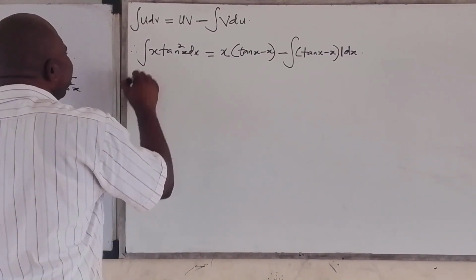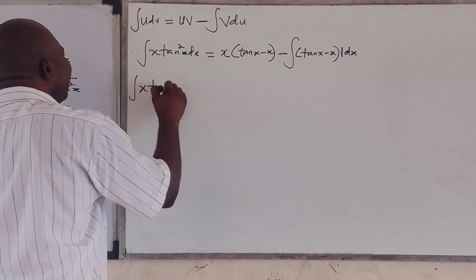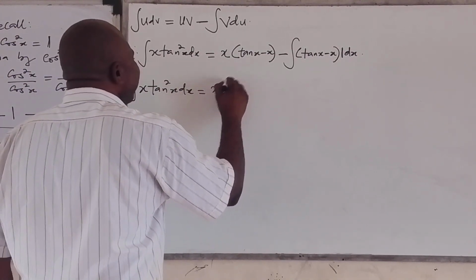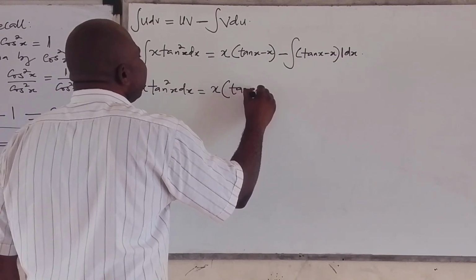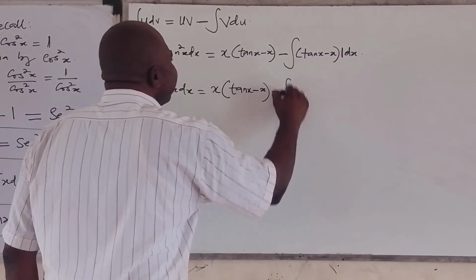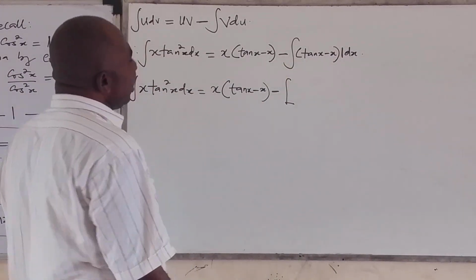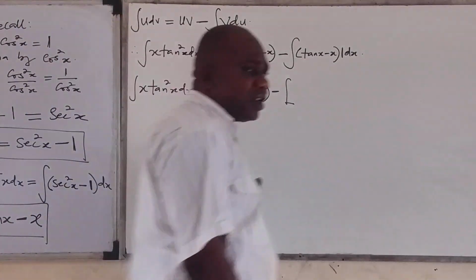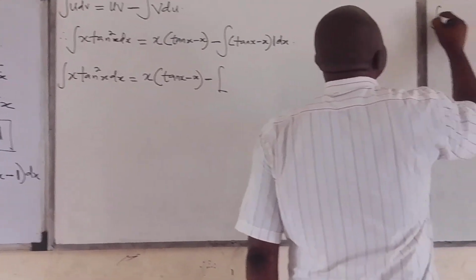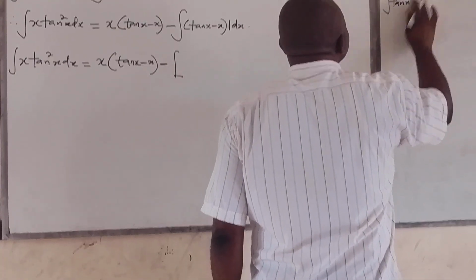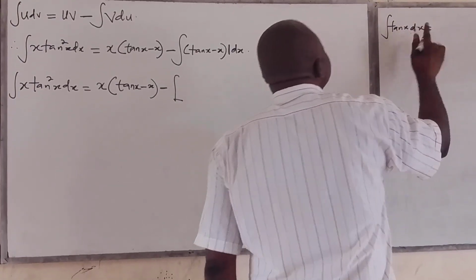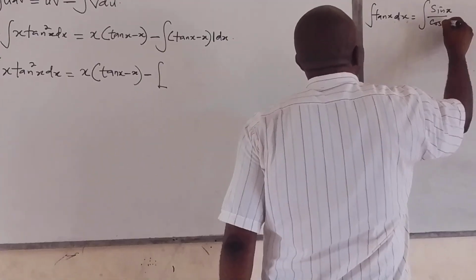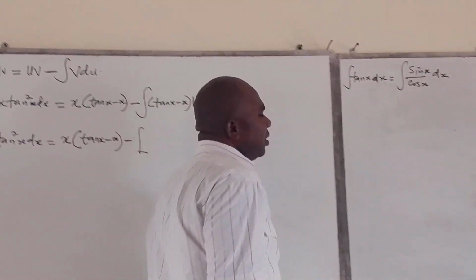So therefore, the integral of x tan squared x dx will be equal to x in brackets tan x minus x, minus, now let's look at the integral of tan x. The integral of tan x dx is the integral of sin x over cos x dx.